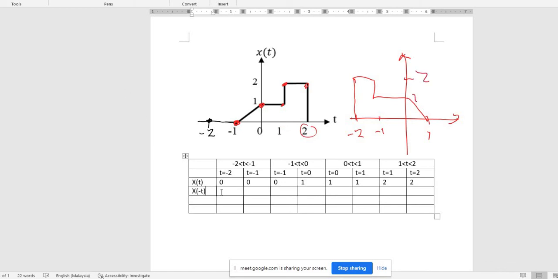Okay, for x(-t), for t equal to -2, you have the value of 2, and when t equal to -1, you have the value of 1. Okay, and then for range -1 to 0, when t equal to -1, you have the value of 1, and when t equal to 0, you have the value of 1 also.